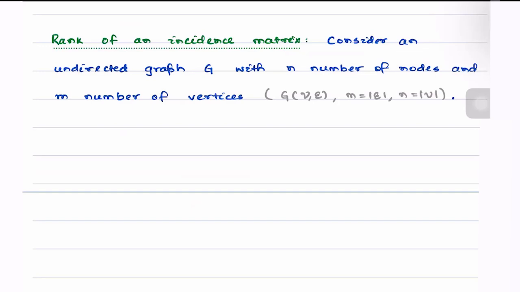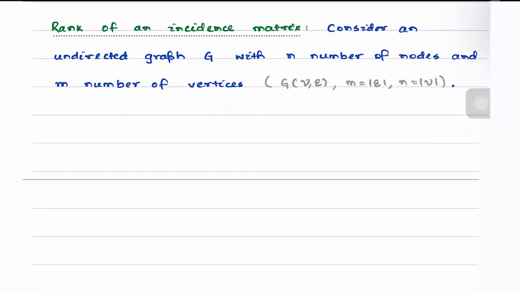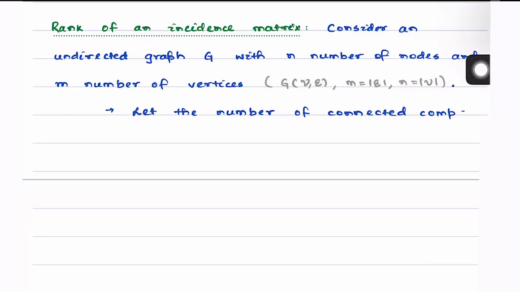There's yet another information that we've been provided with. That is, let the number of connected components of G be N C C. The number of connected components.